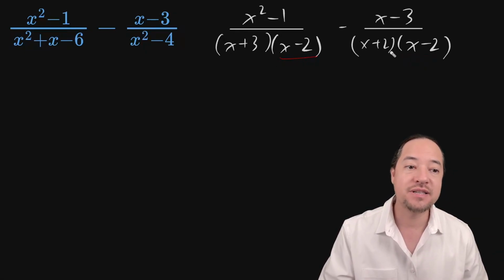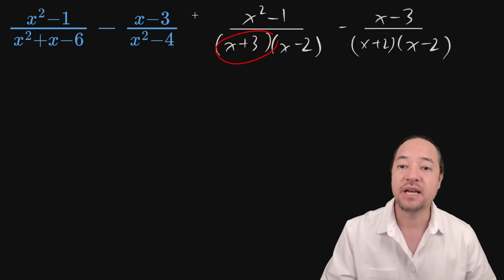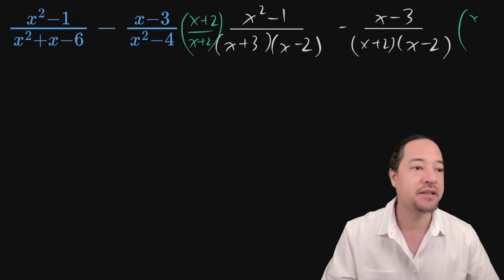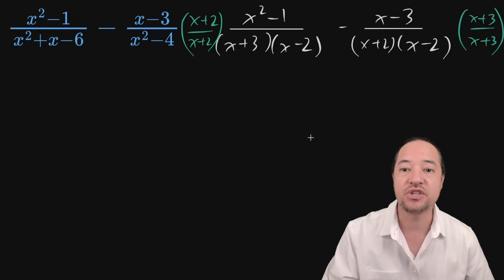So this one is missing the x plus 2, and the second one is missing the x plus 3. So what we're going to do then is multiply an x plus 2 over an x plus 2 right over here. And on this one, we'll multiply the x plus 3 over an x plus 3, just like that.